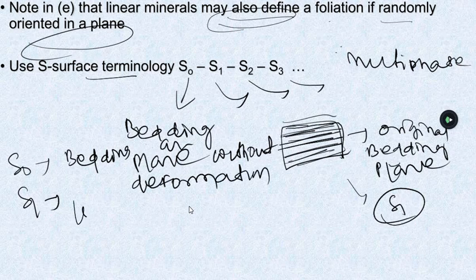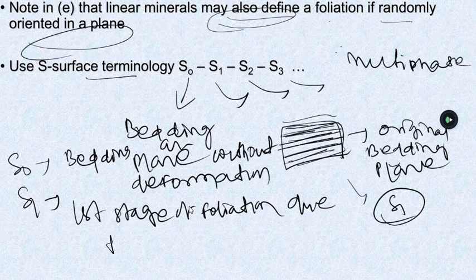But S1 is the first stage of foliation due to deformation. So suppose here the maximum stress comes, and the bed gets gradually deformed.